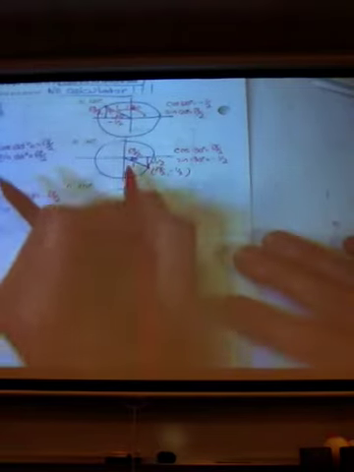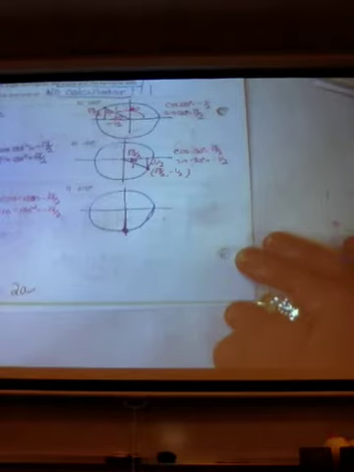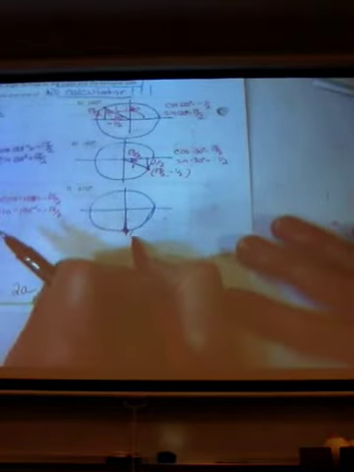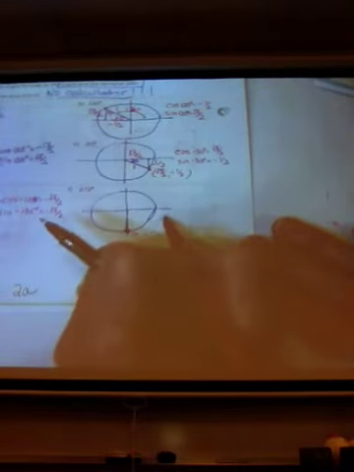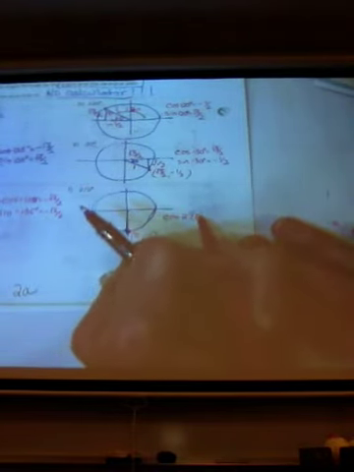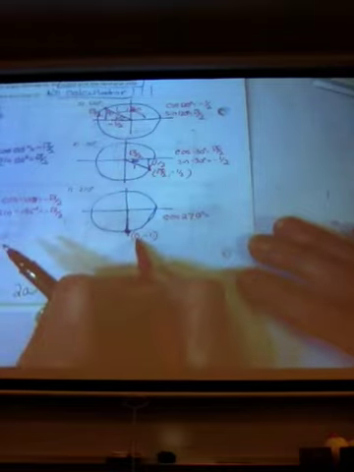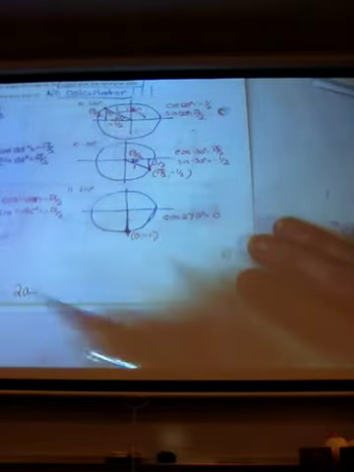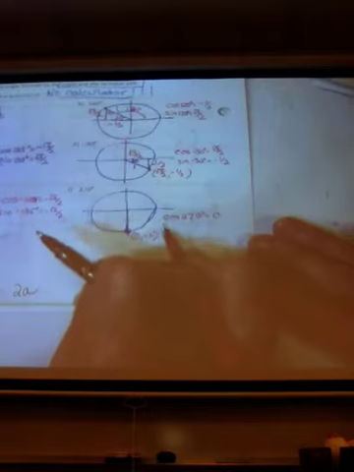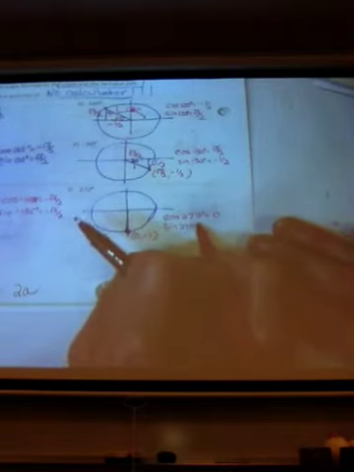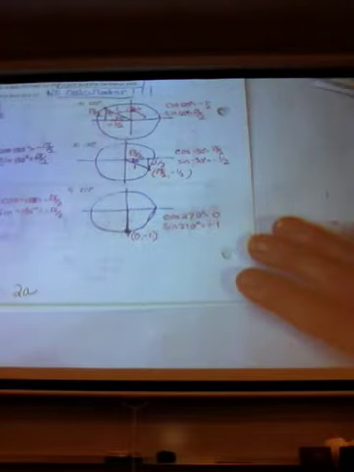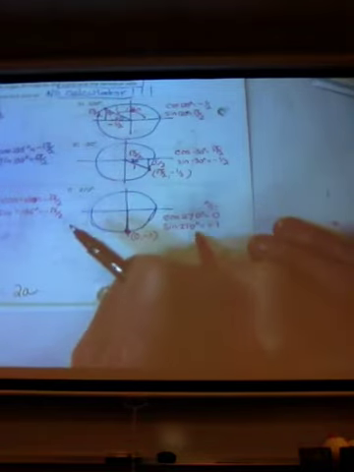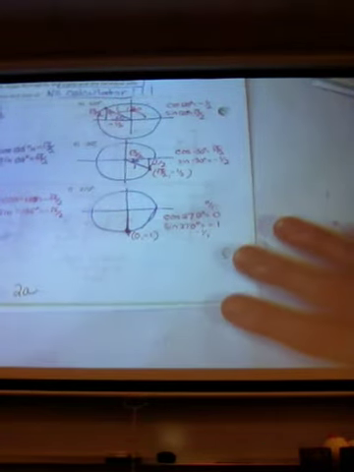If my hypotenuse is 1, the radius is 1, wouldn't this be 0, negative 1? So my cosine of 270 degrees is x, which is 0. It's 0 over 1. My sine of 270 degrees is negative 1 over 1. There's your answer. Basically, this is 0 over 1, negative 1 over 1.